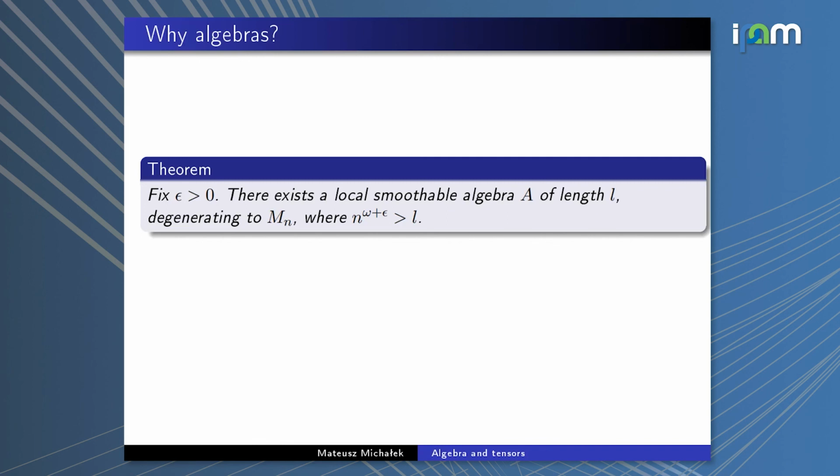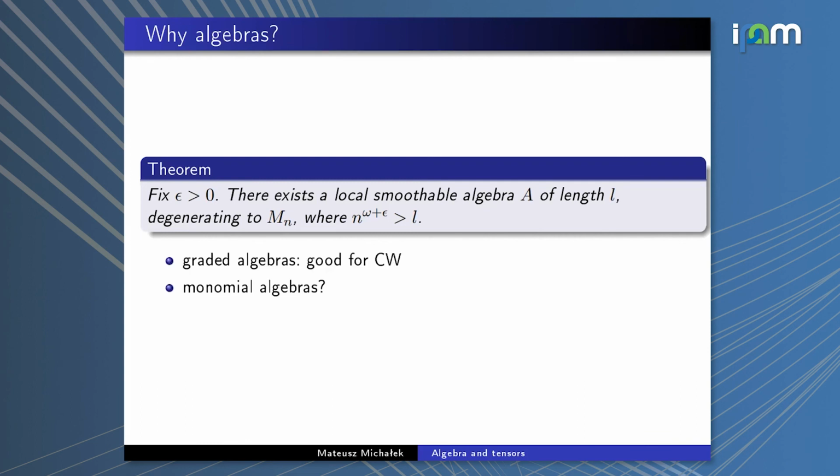So for any epsilon, there exists a local smoothable algebra A of length L that degenerates to matrix multiplication and basically proves that omega is smaller than the best possible bound plus epsilon. So restricting to smoothable algebras is not a loss. You can just do local smoothable algebras and not be doomed to fail to estimate omega.